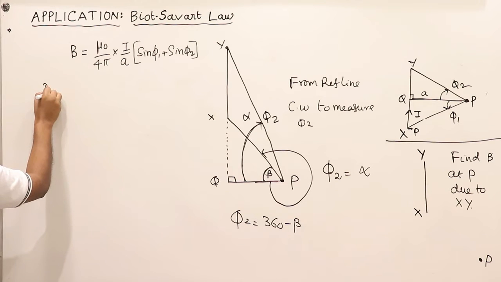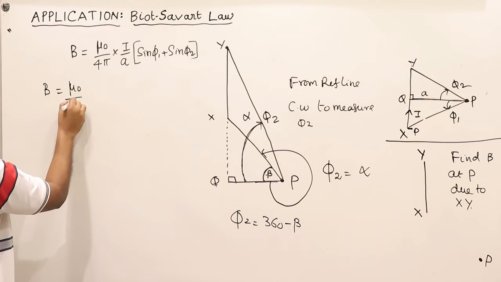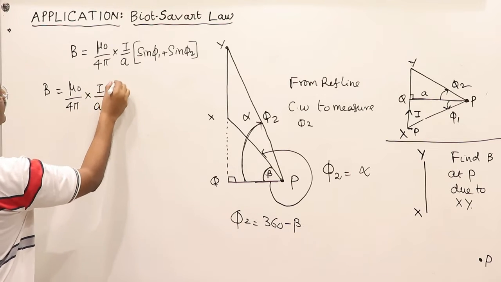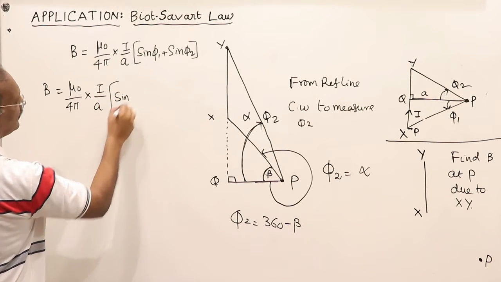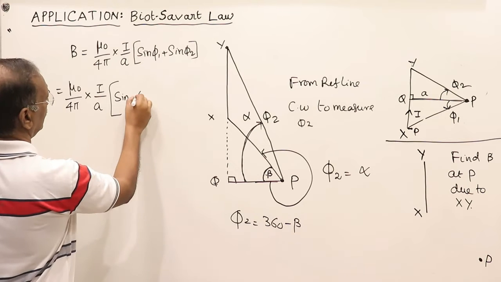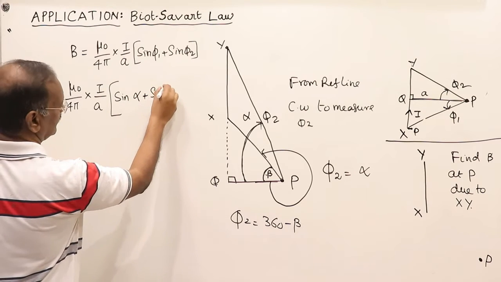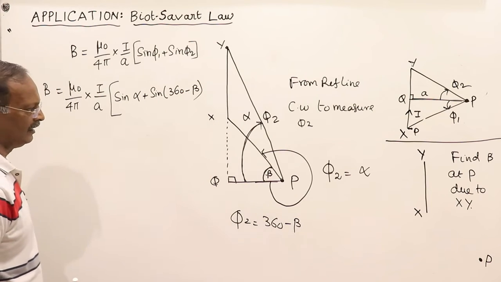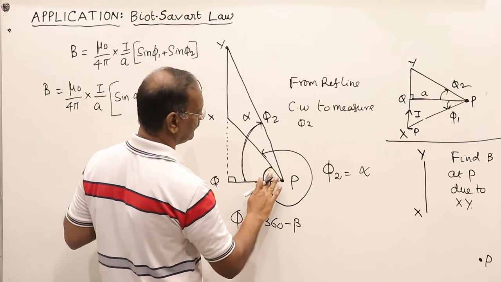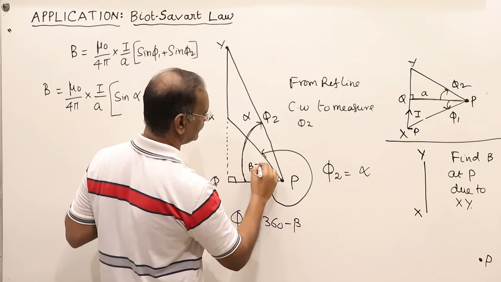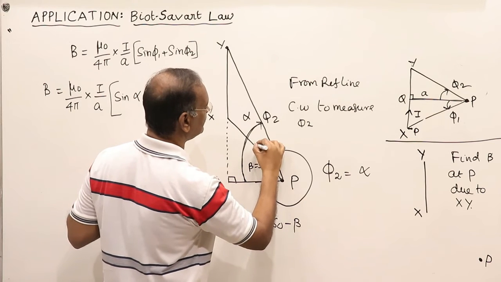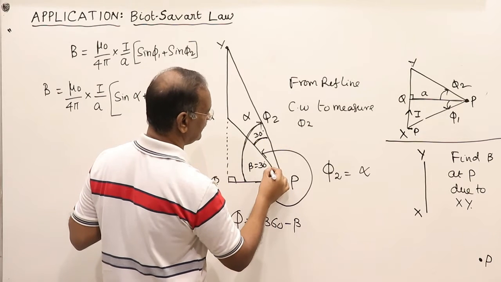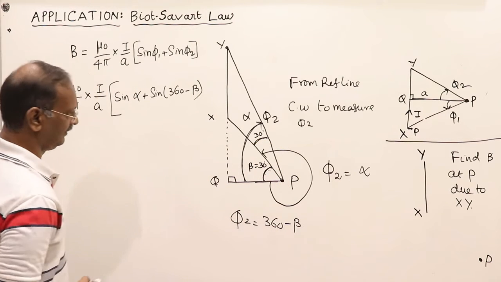Therefore B is equal to mu naught by 4 pi into current divided by perpendicular distance, sine of phi 2, which is alpha, plus sine of 360 minus beta. Suppose beta is equal to 30 degree and alpha is equal to 30 degree. What about phi 2?